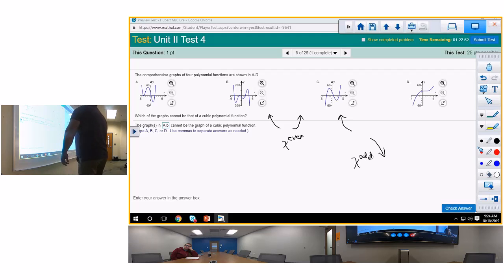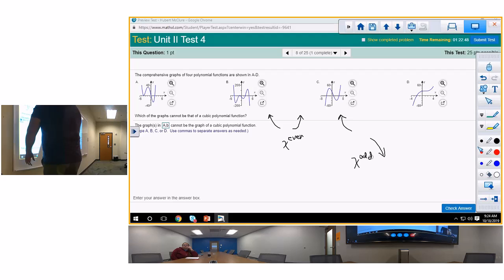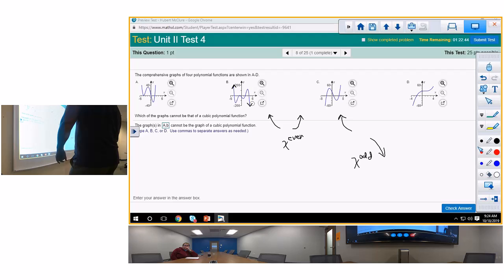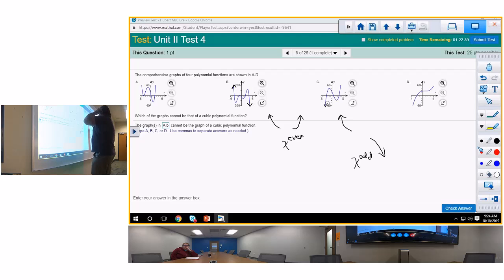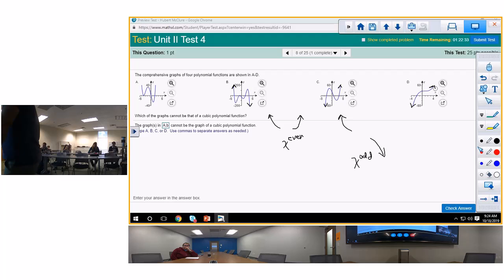So I don't understand how they get B, because look. It's not a cubic function, maybe it's like... Okay, somebody tell me this. All those arrowheads, which way are they going? Opposite. They're going in opposite directions.